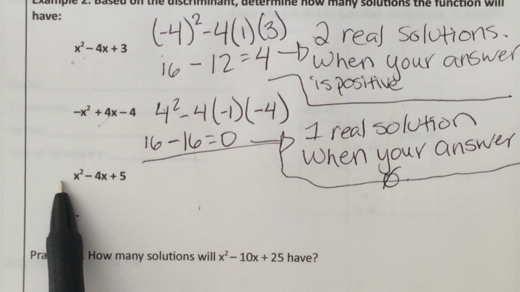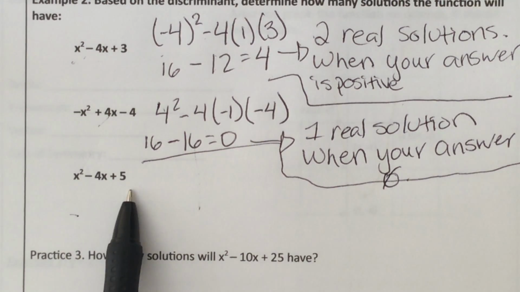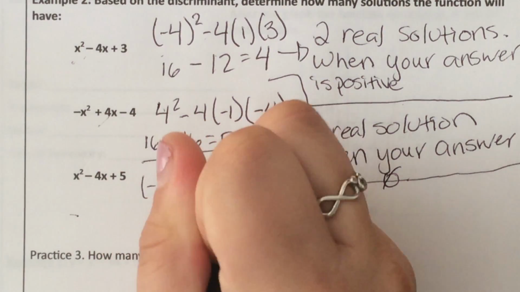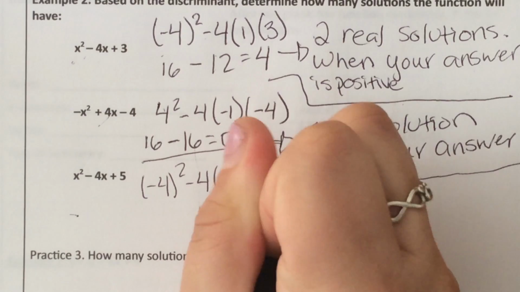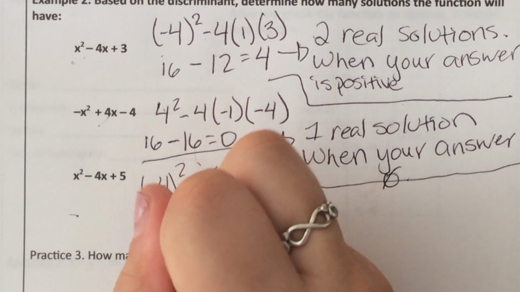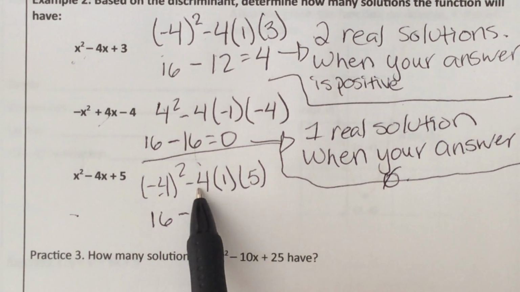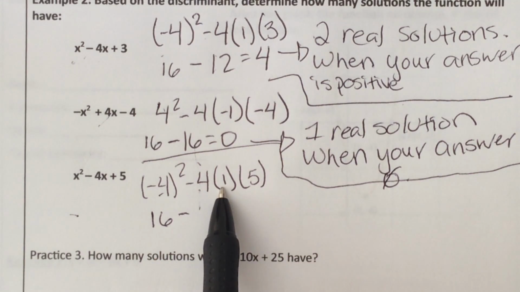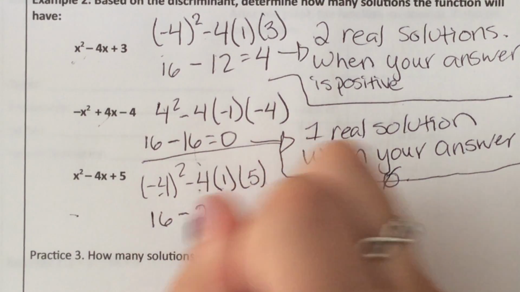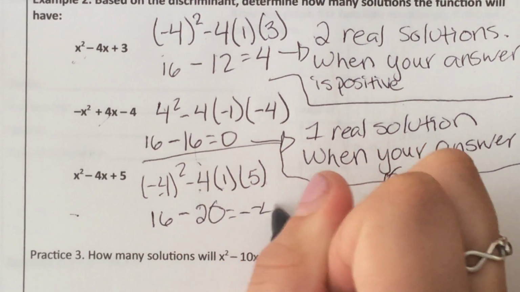Okay, now I have my last one, x squared minus 4x plus 5. Once again, my b is negative 4 squared minus 4 times 1 times 5. Negative 4 squared is positive 16 minus 4 times 1 is 4, or negative 4, times 5 is negative 20, so 16 minus 20, which gives you negative 4.